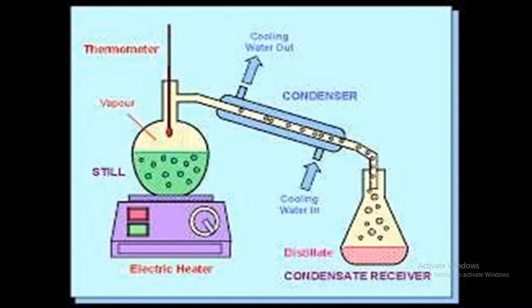When a mixture containing two different liquids with different boiling points is heated in the distillation flask, the liquid with a low boiling point is converted into vapor and moves into the condenser. The condenser is situated away from the distillation flask.